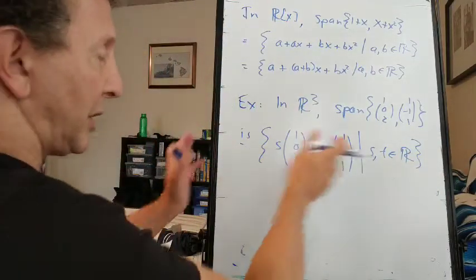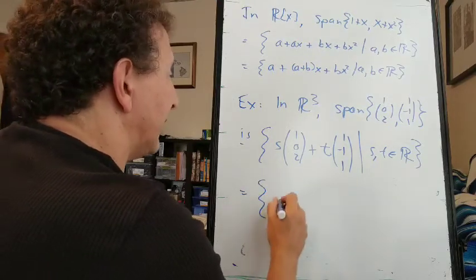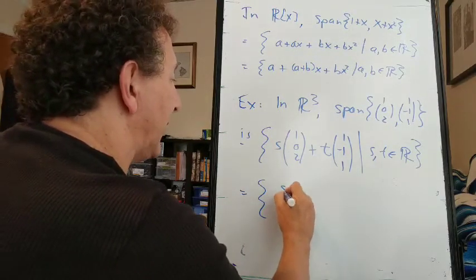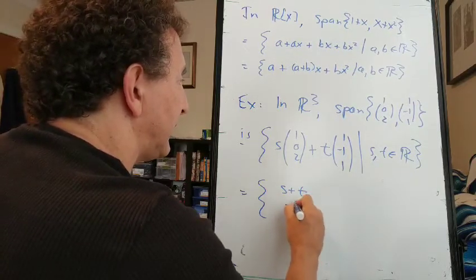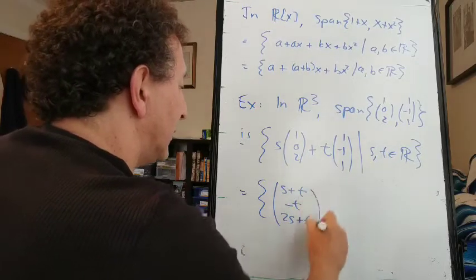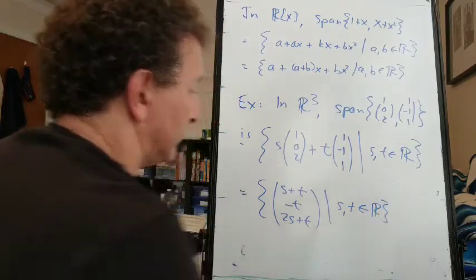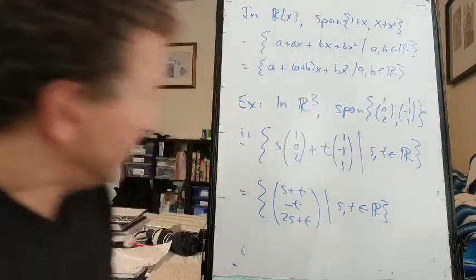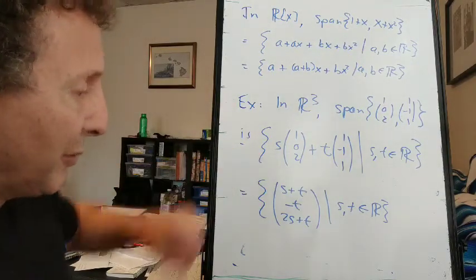And we could combine these into one vector expression and say this is all the things of the form (s + t, -t, 2s + t), where s and t are real numbers. Just a slightly condensed form of what we wrote earlier.